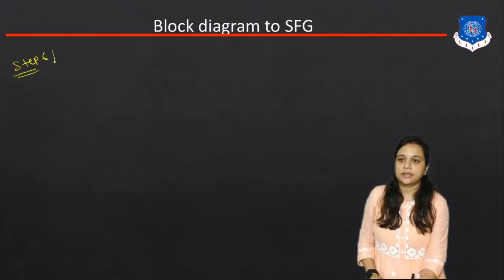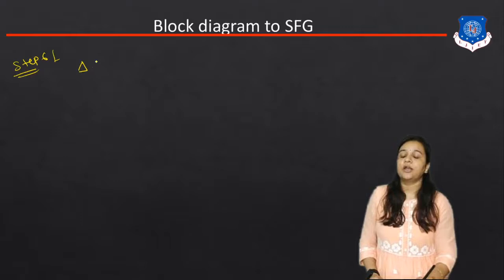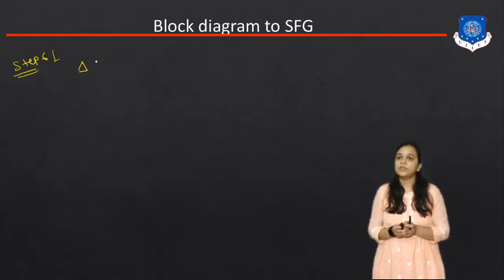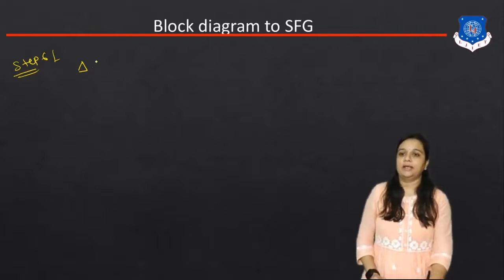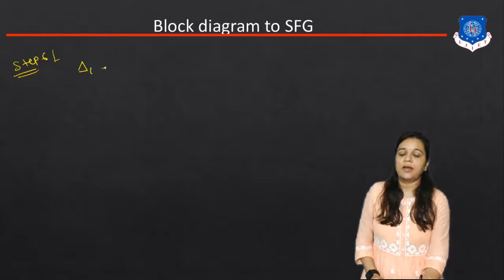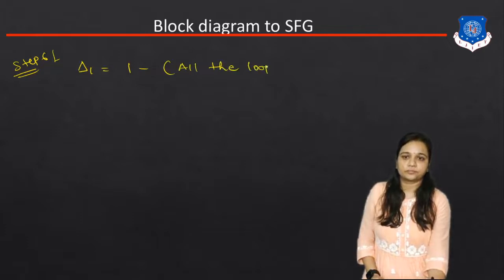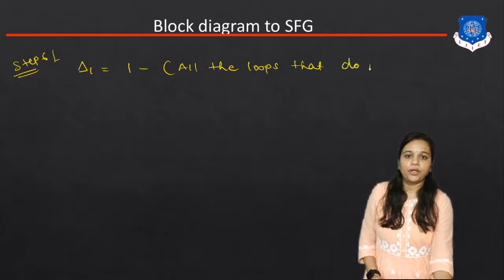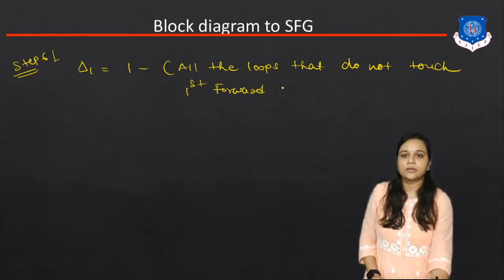Okay, now the next step is step number 6. Find out the value of delta I. So here 2 forward paths are given, so we get 2 deltas. First is delta 1. Delta 1 is 1 minus all the loops that do not touch the first forward path.